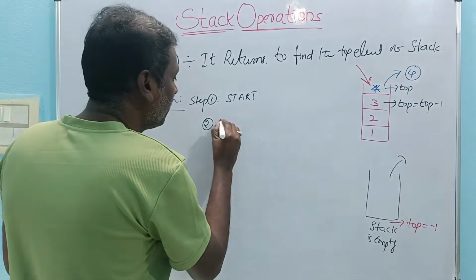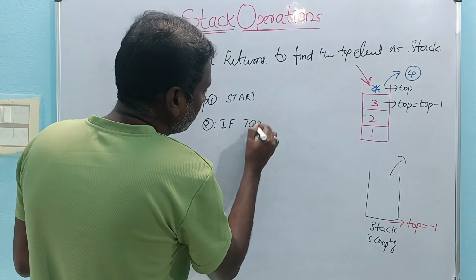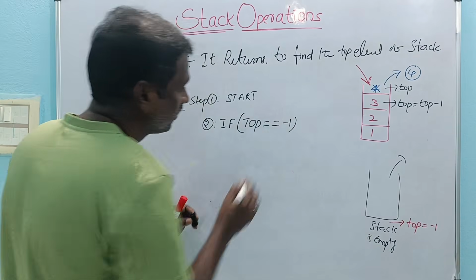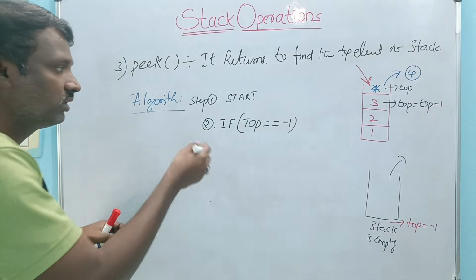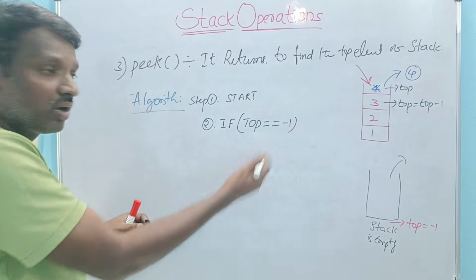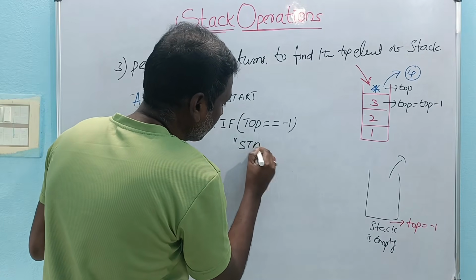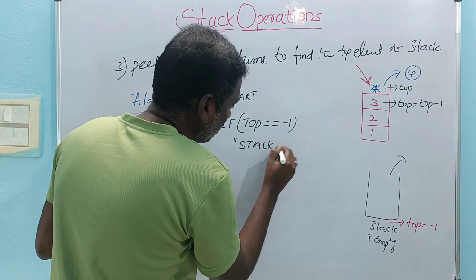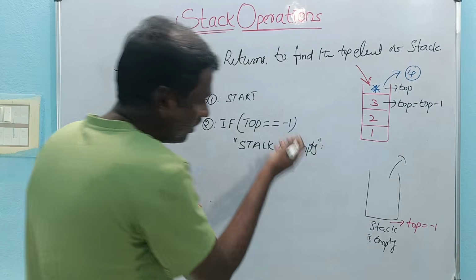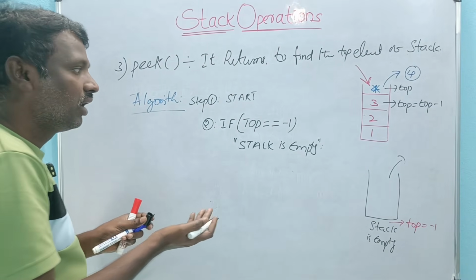So if top equal to -1, what is that? If top equal to -1, it means the stack is empty. So at that time it is not possible. Stack is empty, so it is not possible to find the top element in our stack.